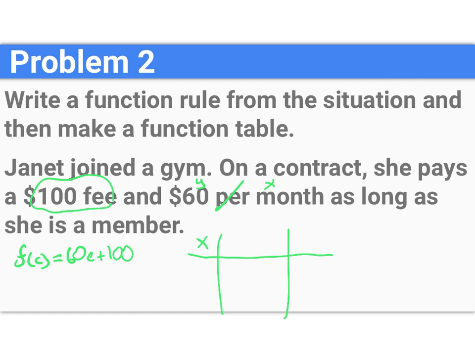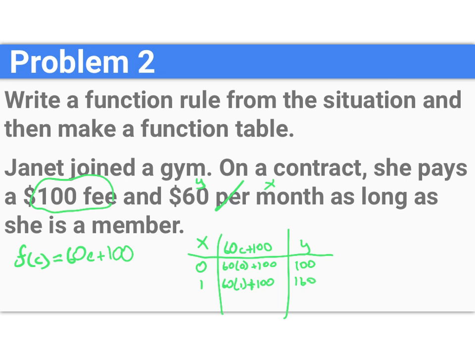So for your x, 0, 60C plus 100, and then y. So before she does any months, she pays $100. You can't have negative months, so there's no reason to consider negative numbers. 60 times 1 is 60 plus 100 is 160.